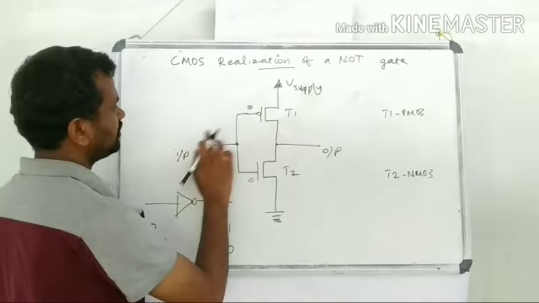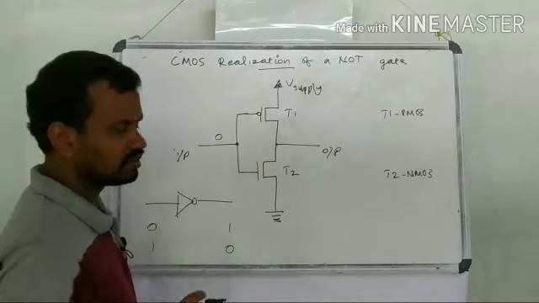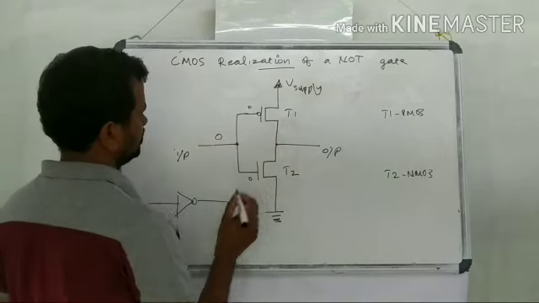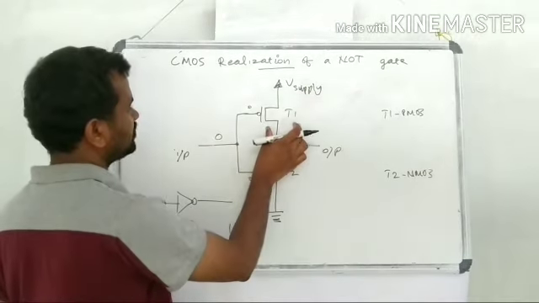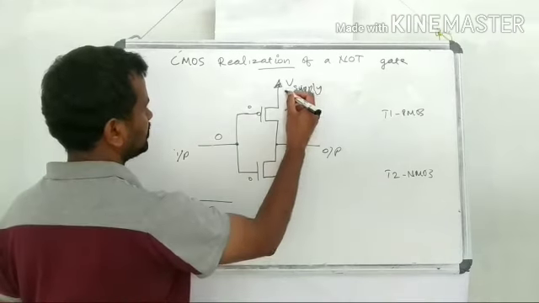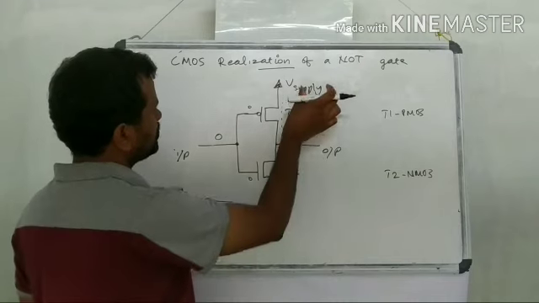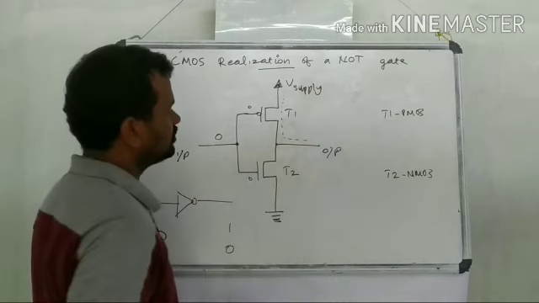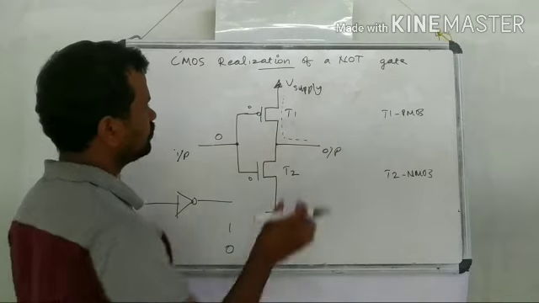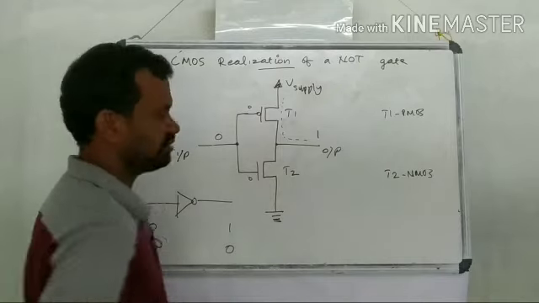So if you are giving a 0 value, what will happen? 0 will reach here, 0 will reach here. So this transistor will be turned on and this will be turned off. So there is a path like this, and V supply will be available at the output, or the output voltage will be pulled up to V supply. So here a 1 will be there.